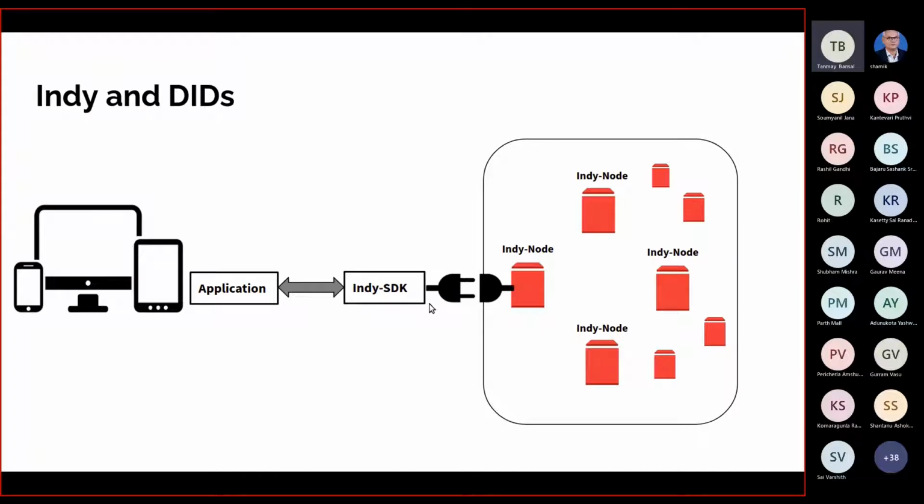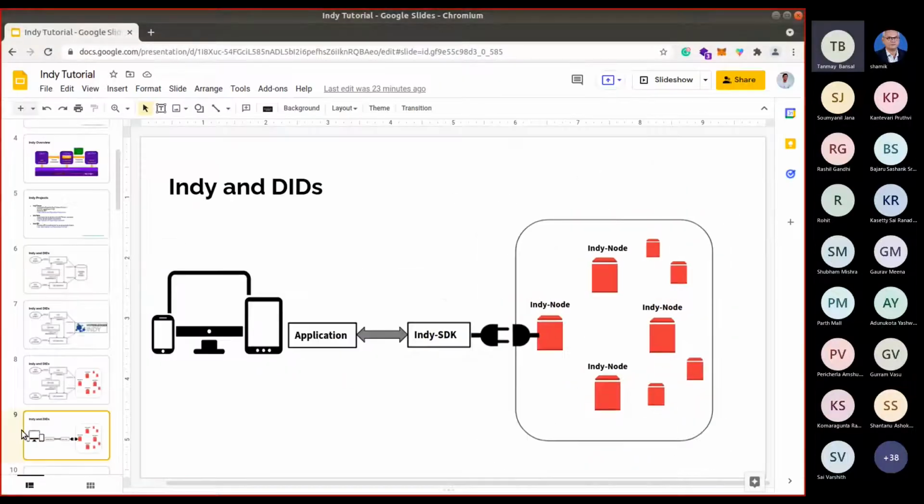Specifically, we want to see how we can create new DIDs, register those DIDs in the Indy ledger, and also query those DIDs. These are the basic functions, and after that we will have a small scenario where we will be using verifiable credentials and presentations to achieve a workflow. So we will see.